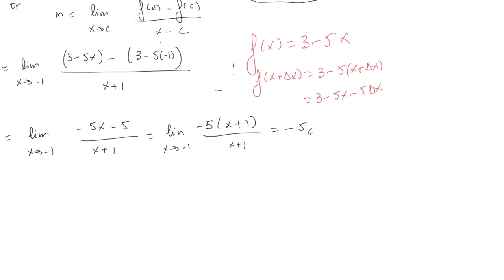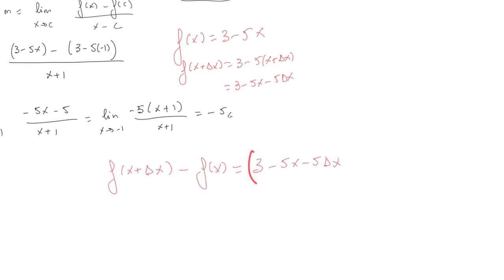What will be now f of x plus delta x minus f of x? Well, it will be 3 minus 5x minus 5 times delta x, in parentheses, minus f of x. But f of x is 3 minus 5x.